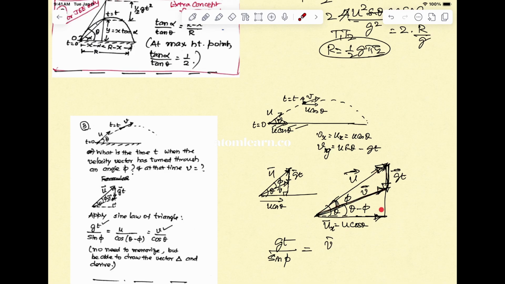What is this angle? This angle being 90, this angle is 90 minus theta.